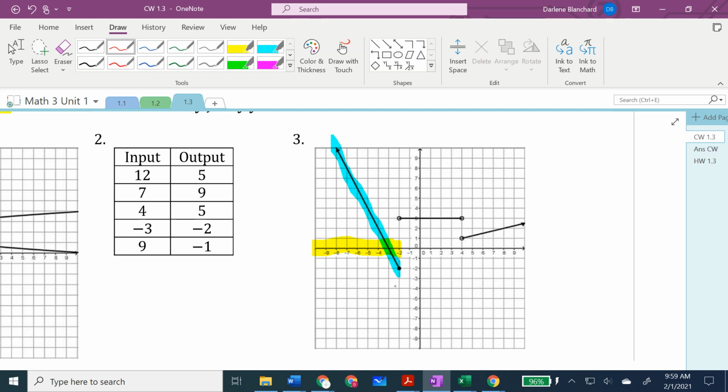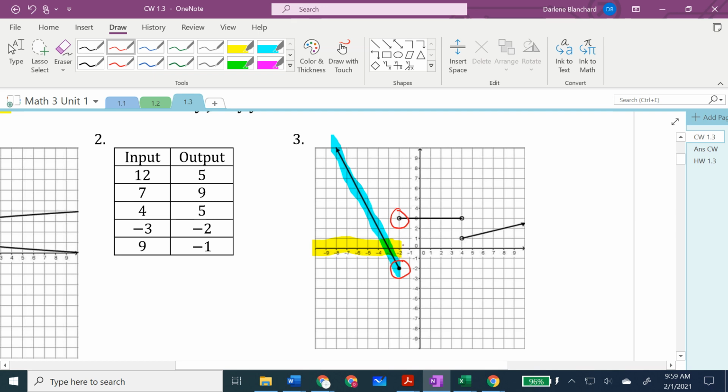The filled in point that you see here means that that point is included in the function. Or in this case, we're still calling it a relation. This is an open circle, so that means that that point is not included, but right after that point, the graph begins.